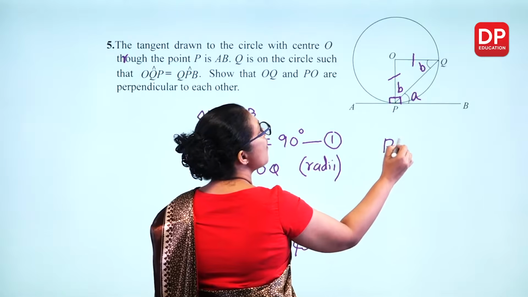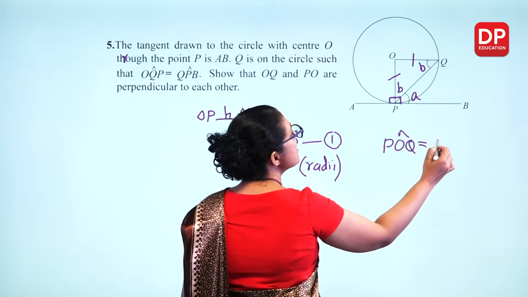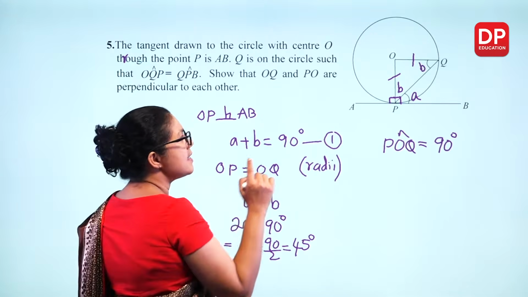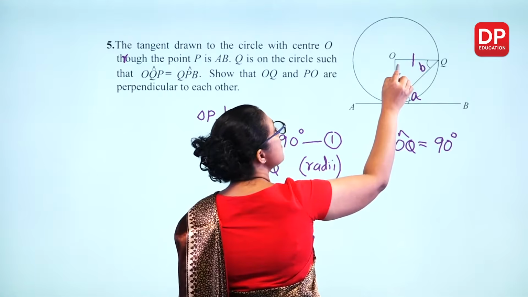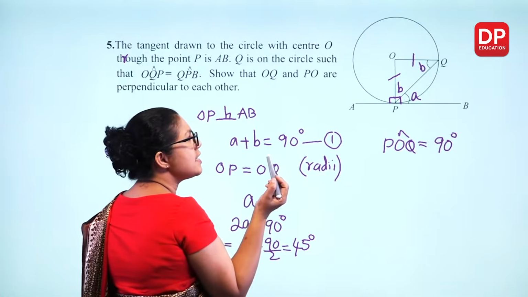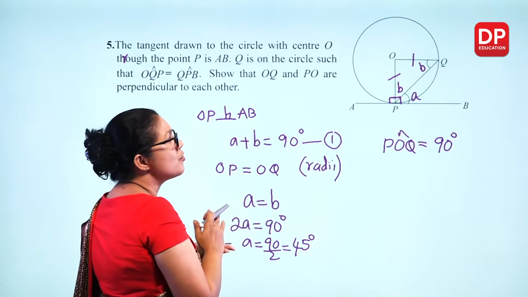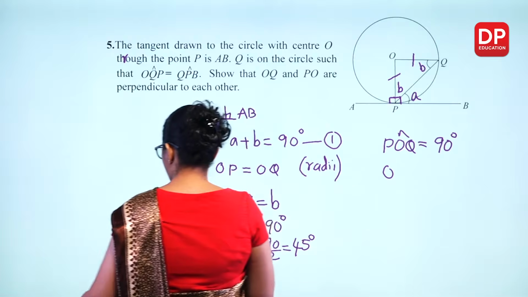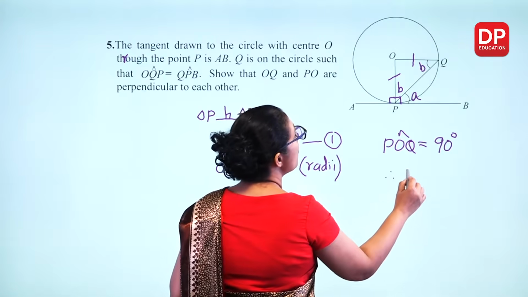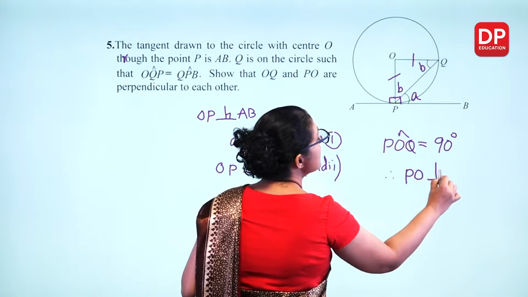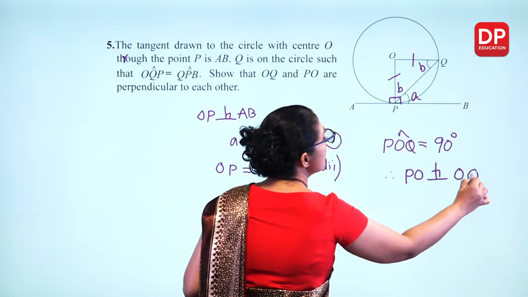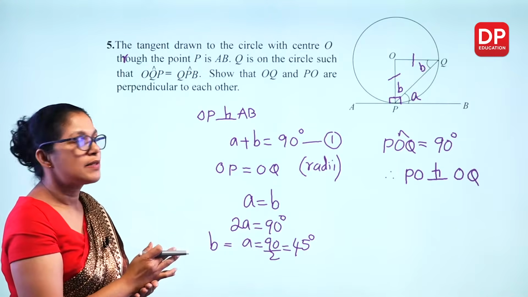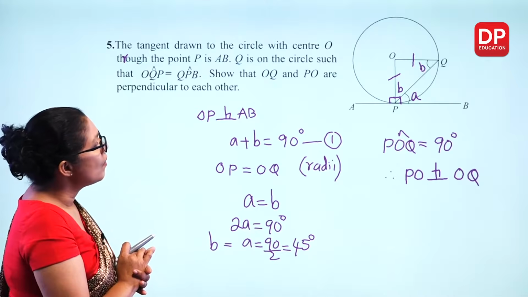You get POQ angle is 90 degrees. So 90 means perpendicular. So you get a perpendicular line. So therefore PO line is perpendicular to OQ. So when this is 90 degrees, we can say PO is perpendicular to the OQ line.